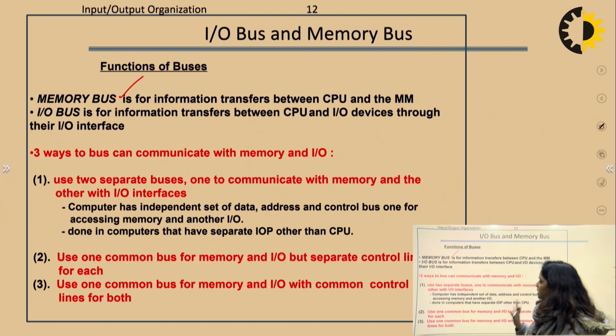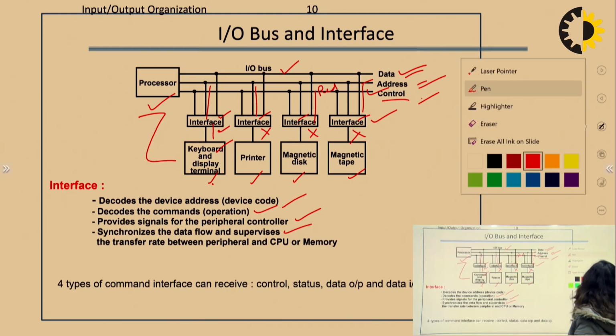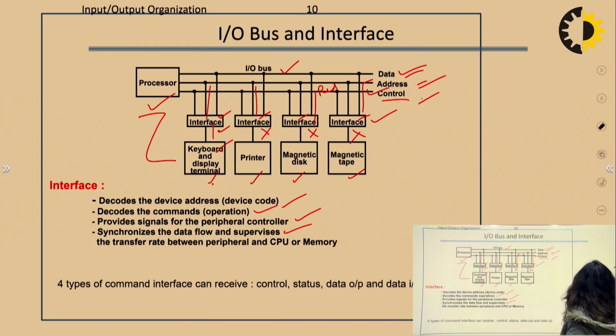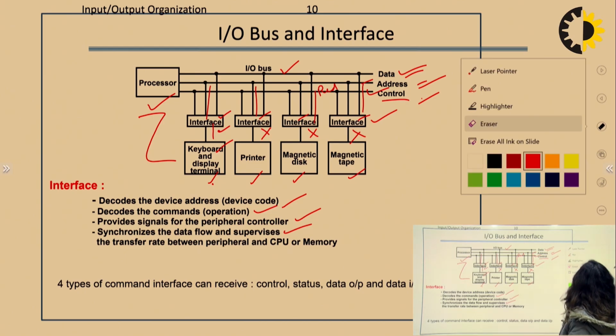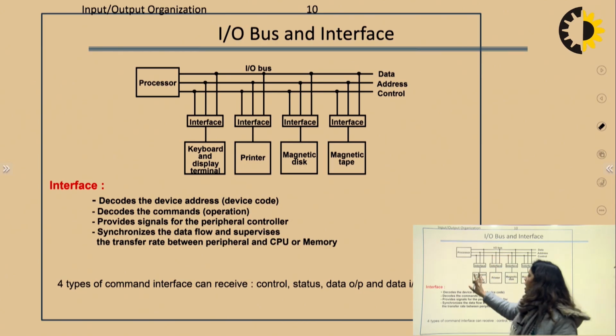There are 3 ways to organize these buses, the control bus, the data bus and the address bus. There are 3 basic organization schemes for how these 3 buses can be connected.